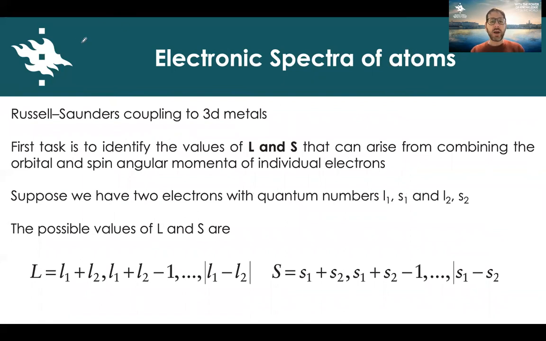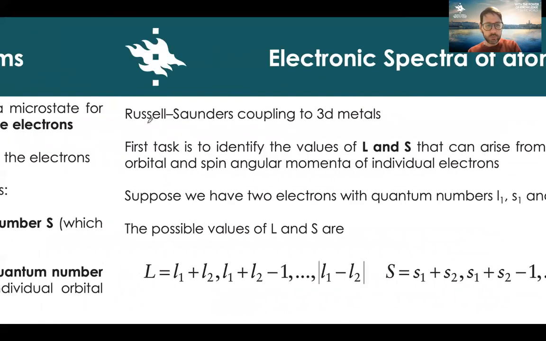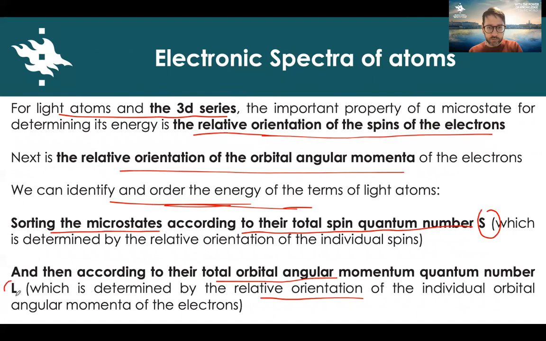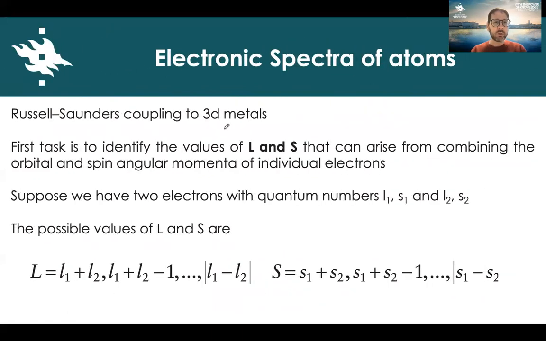We can find these values of L, total angular momentum, and the total spin quantum number S using Russell-Saunders coupling, in which we identify the values of L and S that can arise from combining the orbital and spin angular momentum of the individual electrons.